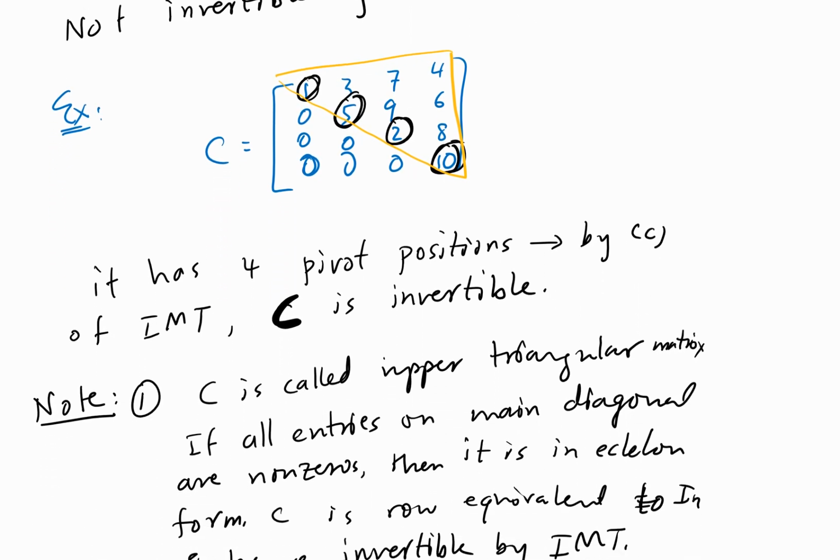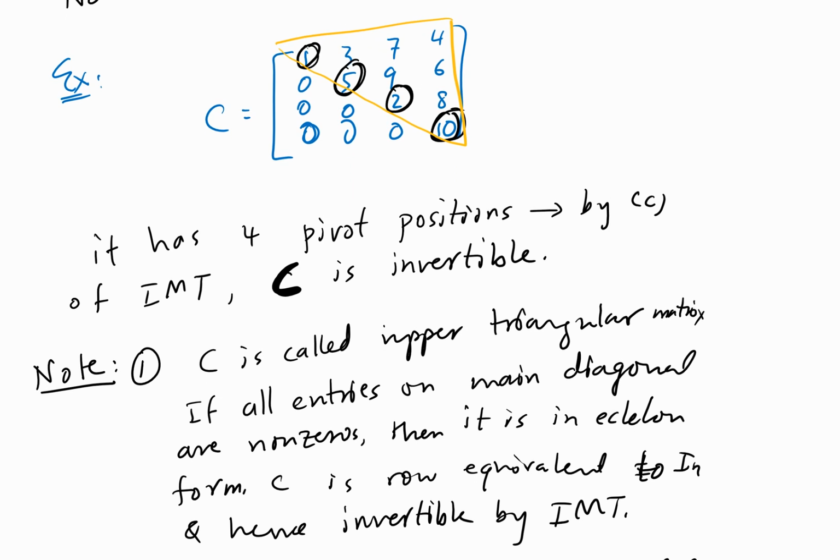Well, because C is an upper triangular matrix, and all the entries on the main diagonal are non-zero in this case, it is in echelon form. So C is row equivalent to I, the identity I_n, and hence invertible by the IMT.